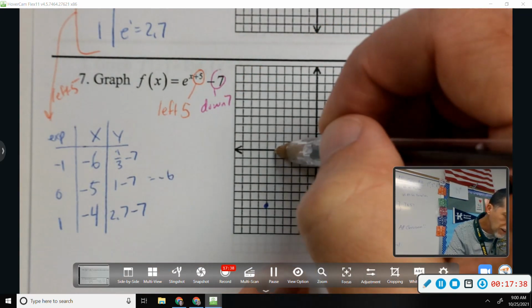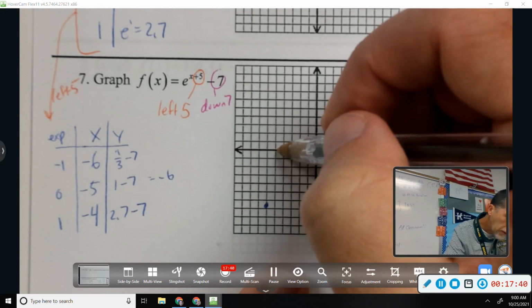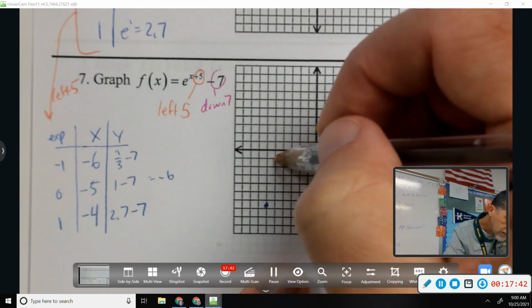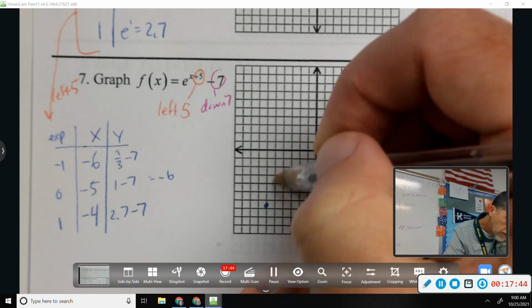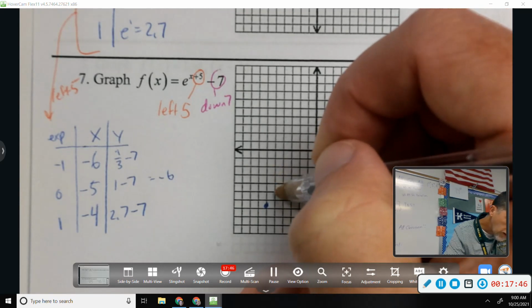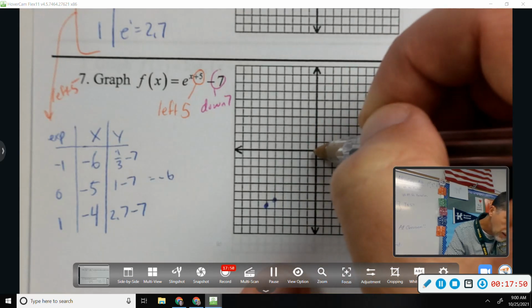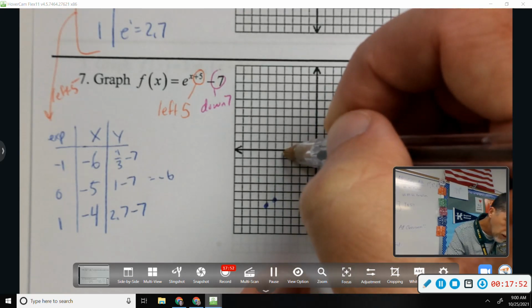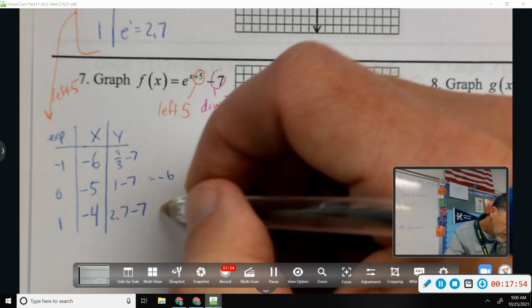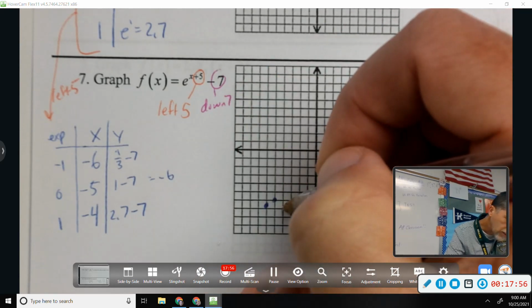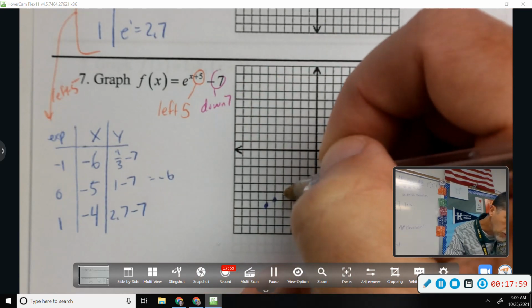So I'll go left 5 and down 6, 1, 2, 3, 4, 5, 6. You need to get glasses to do this. -4, and then I can go down 7 and then up 2.7.